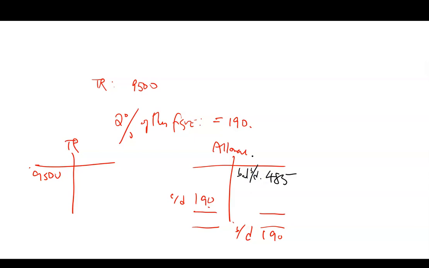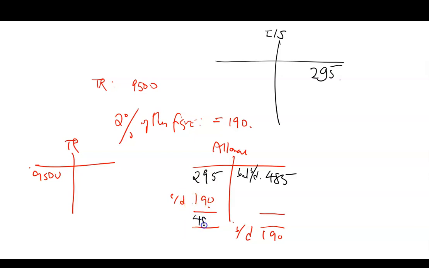So if we are going to have this new carry down figure, we need to release back to the income statement the difference. There's just too much in there. The difference between 485 and 190 is 295. So my journal is debit the allowance 295, credit the income statement 295, and that will enable this closing difference to be 190.